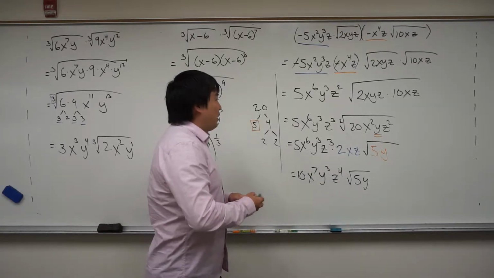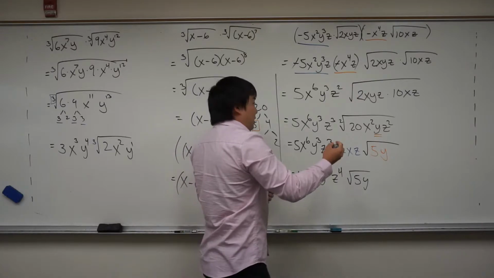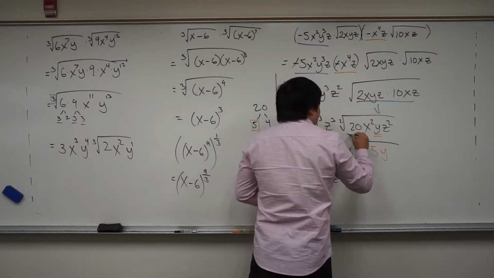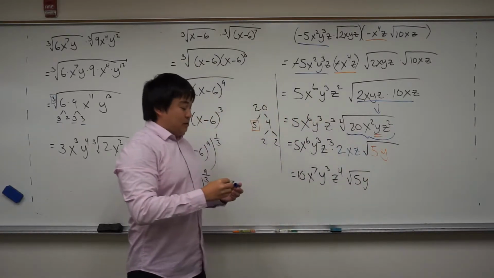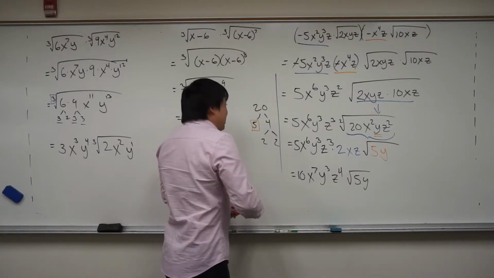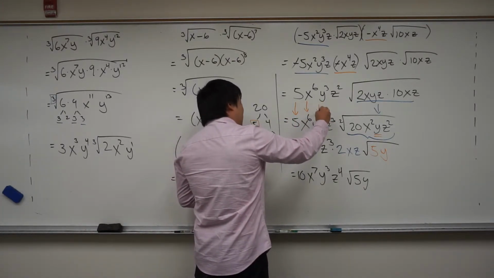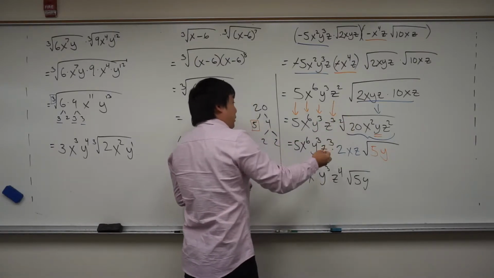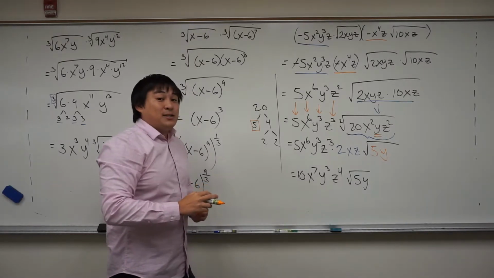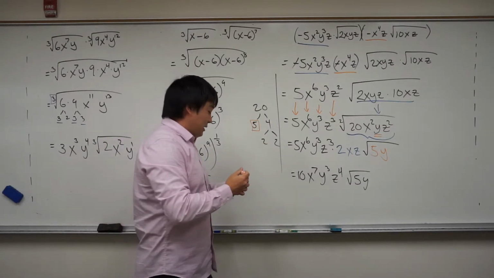So what I did from this line down to the next one, right, was I evaluated this part to get that part down there. The rest of it I didn't use. So I should have copied 5, x to the 6th, y to the 3rd, z squared, but I wrote it as the z to the 3rd instead of the z squared. So be very careful about what you write. Make sure that when you bring it down that you copy it correctly.